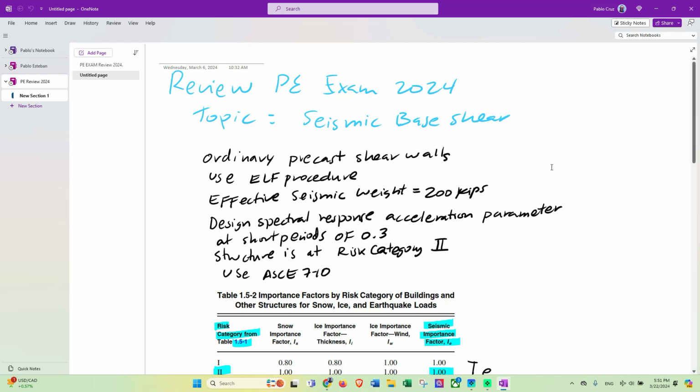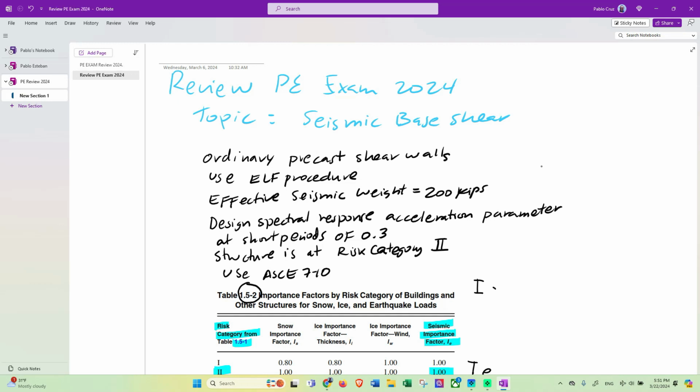I already put these values so we make it easier and more understandable. We have on Table 1.5-2 the importance factors by risk category of buildings and other structures. These importance factors are denoted by the letter I, and we have different ones.